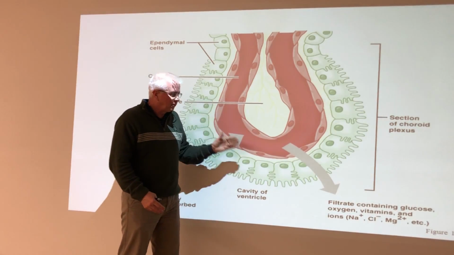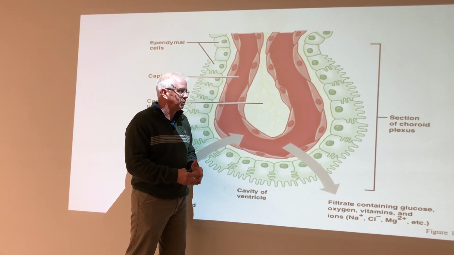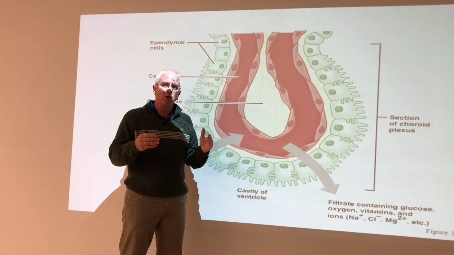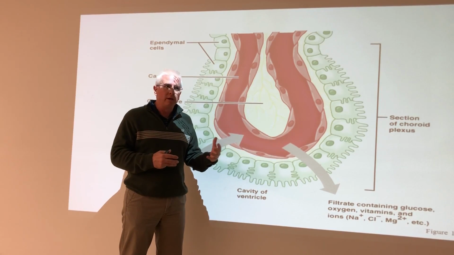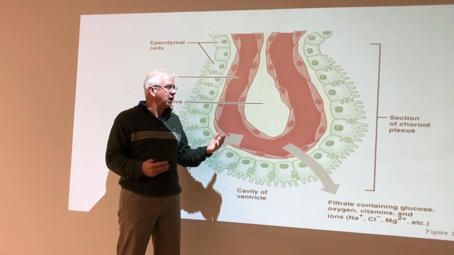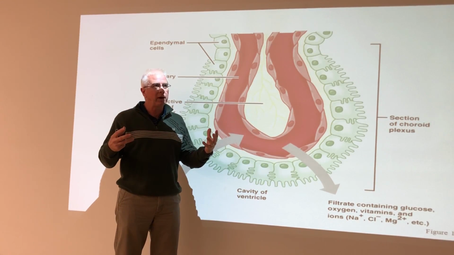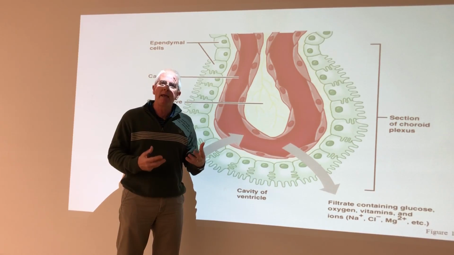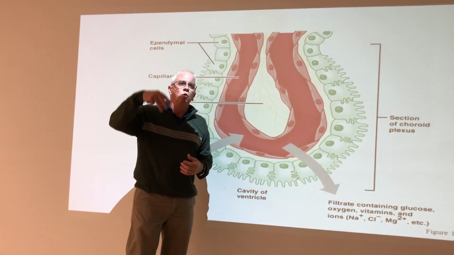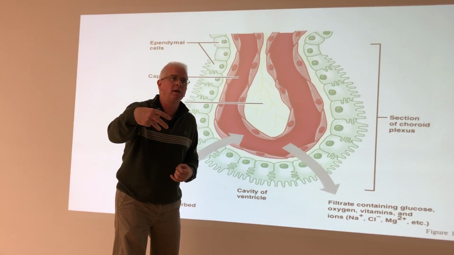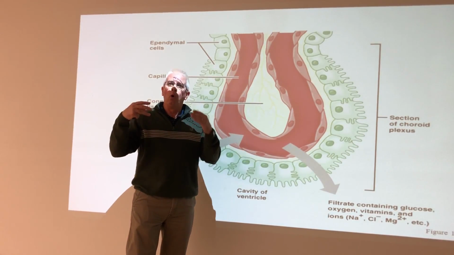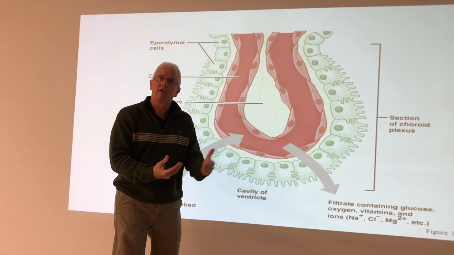So the cerebrospinal fluid fills the ventricular chambers, and we want to know why it's so important to get both. And the answer should be obvious in learning the anatomy. Because all of the brain and spinal cord structures are being bathed in this fluid. So whatever is in the brain is going to be in the CSF.